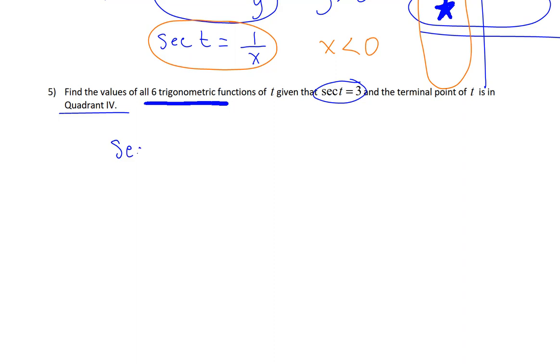Okay, well, let's see what this actually tells us here. If the secant of t is defined as we did above as 1 over x, and we know that the secant of t is 3, then what we can say is 1 over x equals 3.